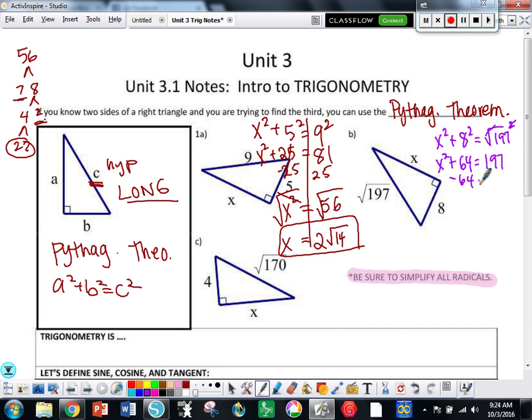Subtract the 64. And we get 133. Then what? Square root it. 133. If you're not sure if it's prime, what could you do? Google it.